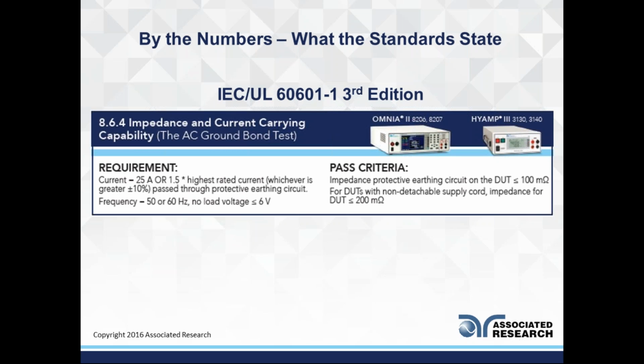There are so many different terms for your earth, your ground, or your protective earthing circuit, which makes it real hard to understand standards sometimes. The pass criteria for this would be impedance of the protective earthing circuit on the DUT needs to be less than or equal to 100 milliohms. For DUTs with non-detachable supply cords, you're allowed a little bit more, less than or equal to 200 milliohms.